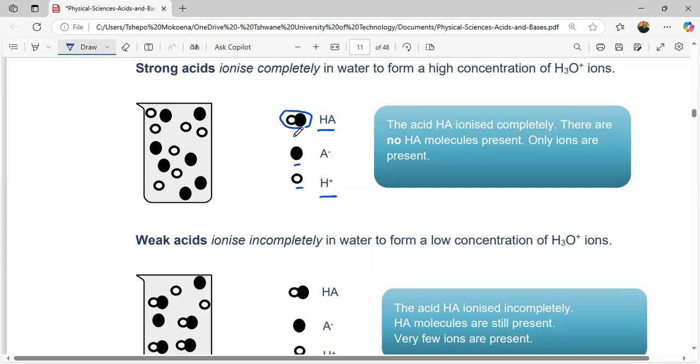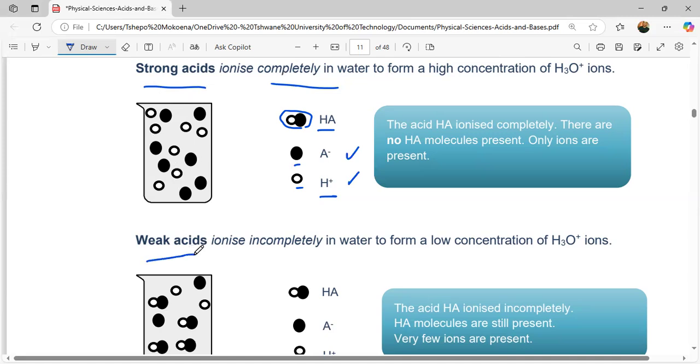There is no combination here. What does that mean? That means there is no acid in this solution. The only thing you will see are the ions of that acid. Why do we see only ions of the acid? Because it is a strong acid. It has ionized completely in water, 100% ionization, that's why we cannot see this thing inside this solution.